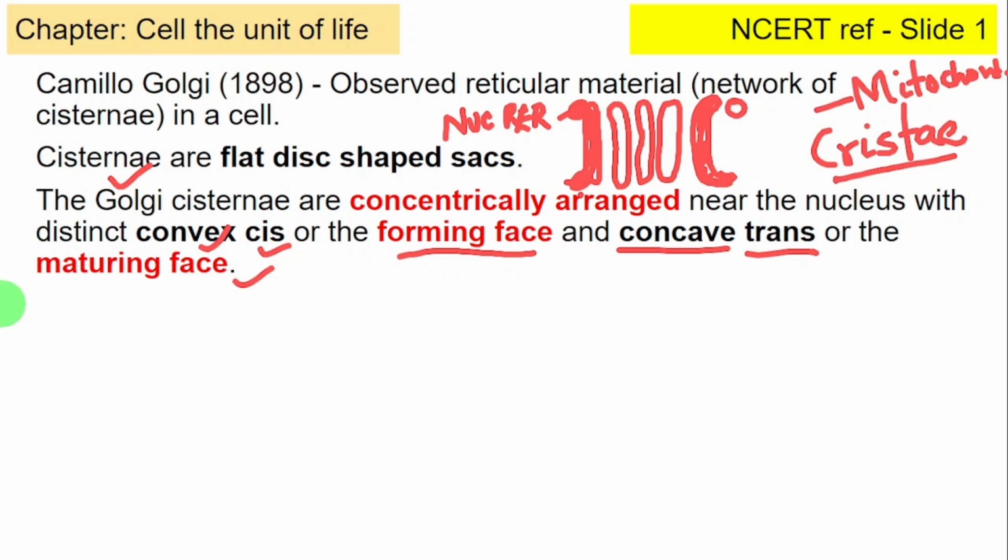The ATP generation will happen only because of the inner membrane. So that way you can remember. These are the two terms you might get confused. They sound similar, cisternae and cristae. So Golgi is associated with cisternae and mitochondria is associated with cristae.